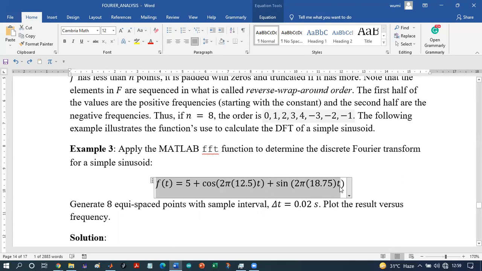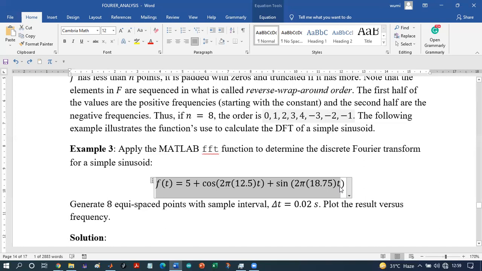You want to calculate f of 0. So f of 0 is simply 5 plus cos 2 pi 12.5, then for f of 0, t is going to be 0, plus sine 2 pi 18.75 times 0.